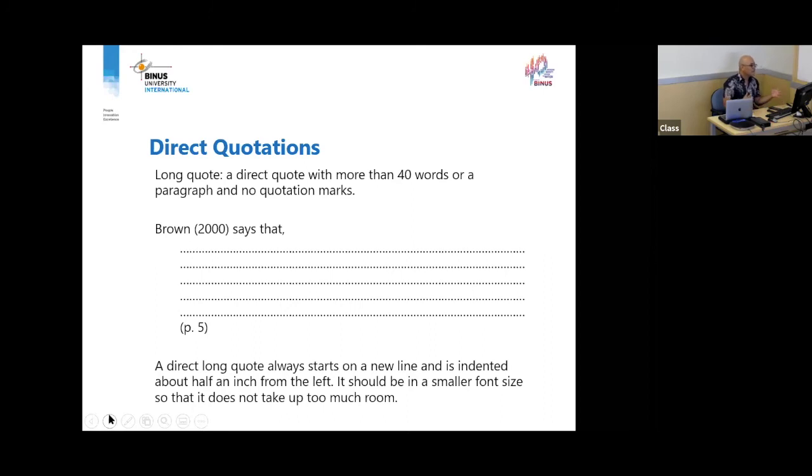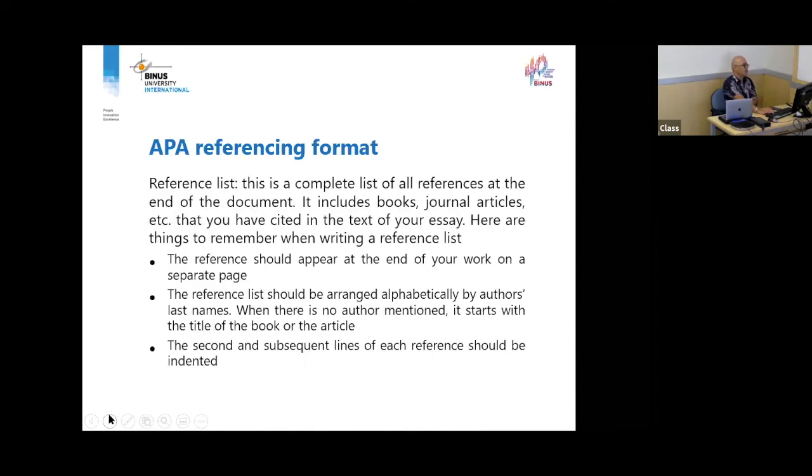In this case, there's no need for quotation marks. You simply put in Brown 2000 and the page number, those three all the time, for long quotes and for short quotes, yeah? Okay, and so that's the citation in the previous slide. That's what you call a citation.